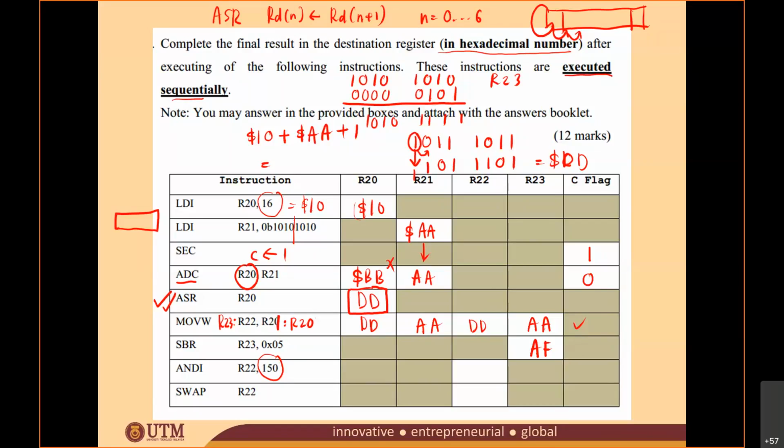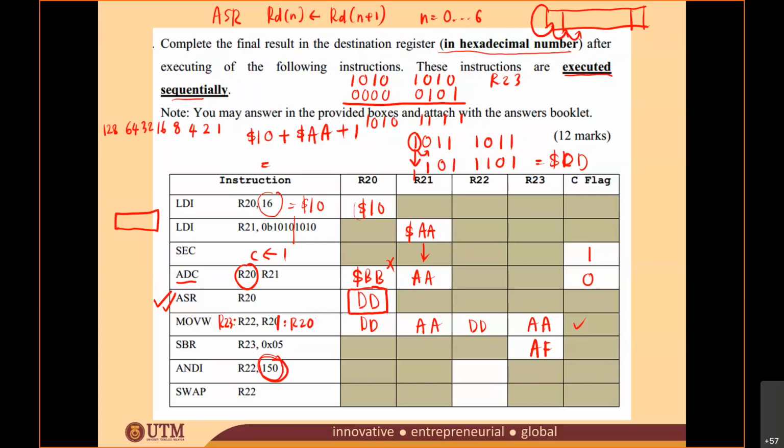So starting with 2 power of 0 is 1, 2 power of 1 is 2, 4, 8, 16, 32, 64, and 128. So you already have 8 bits kat situ. Now the decimal number is 150.